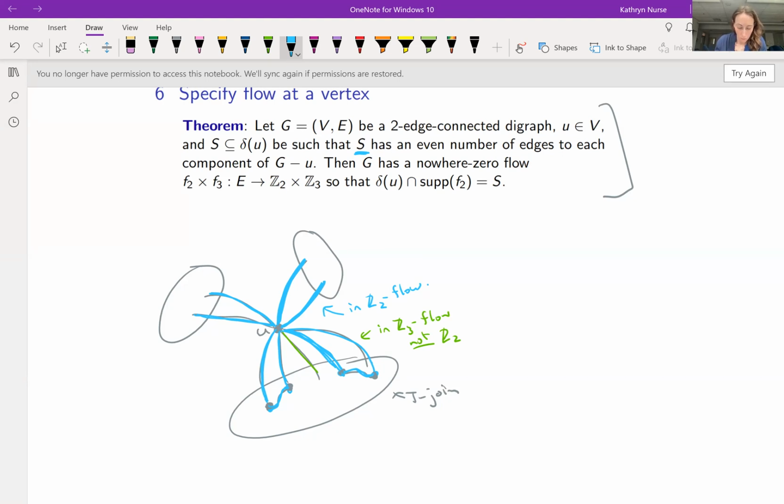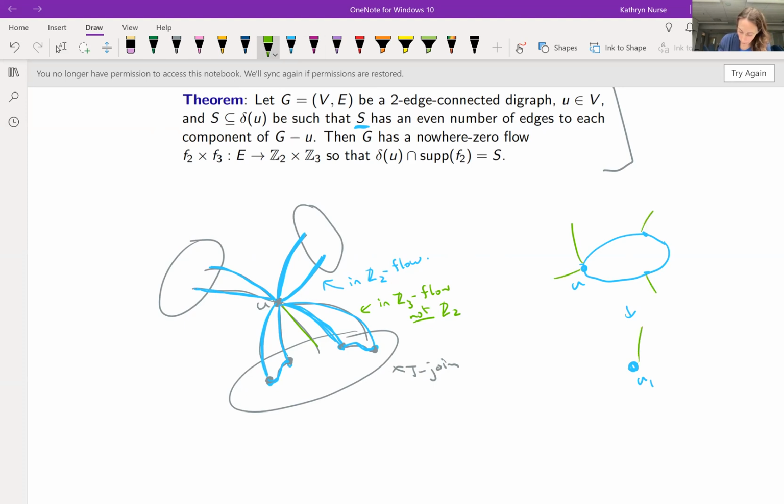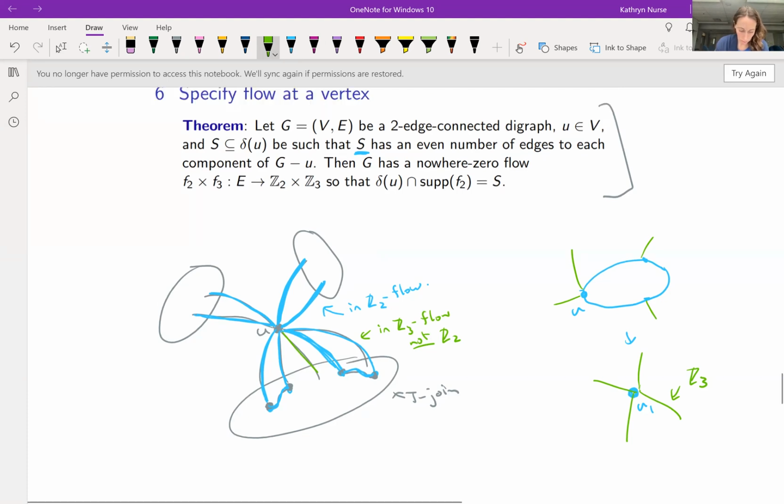Maybe I'll draw. So you have your u, and you found this beautiful cycle through u, and you contract it, and you get this new graph, and this is my u prime. But all of the edges here, I need them to not be in the Z2 flow. They need to be in the Z3 flow. And so you have to solve that case.